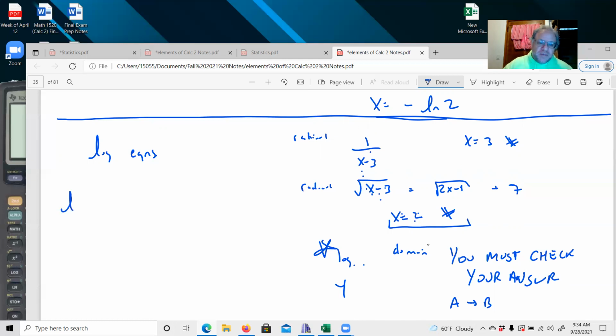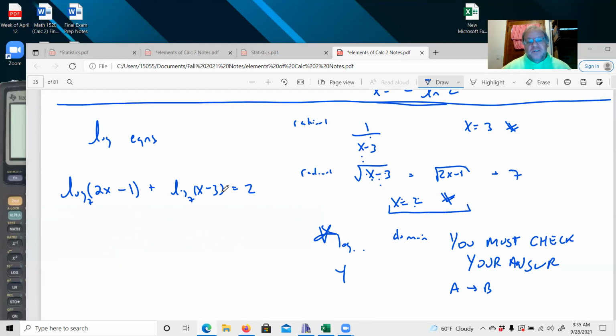So how about log of 2x minus 1, and then I'll save you this part, times log of x minus 3. Let's give you a weird base: log base 7. We'll say this equals 2.